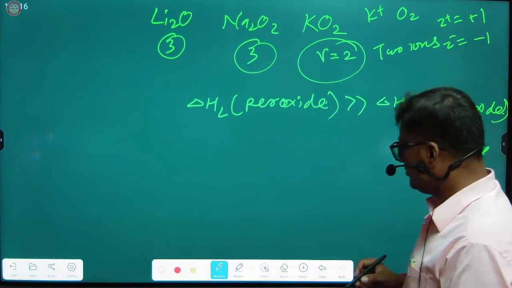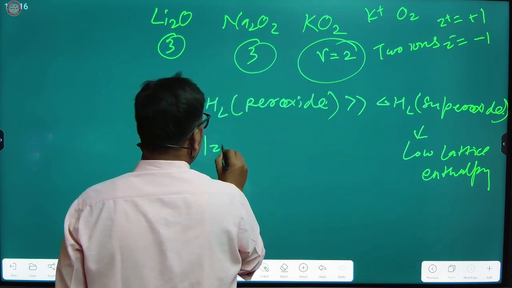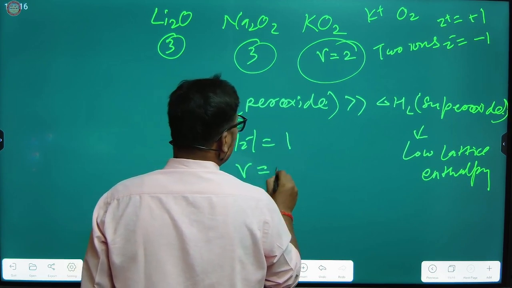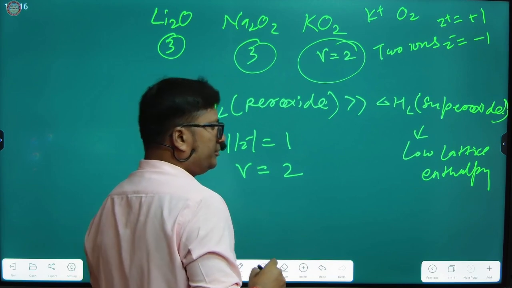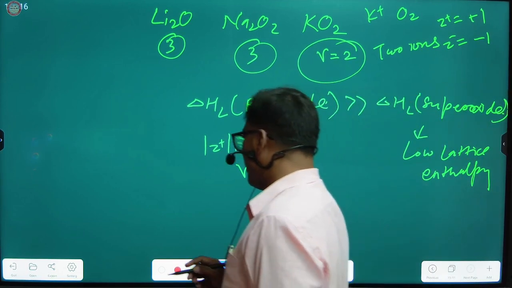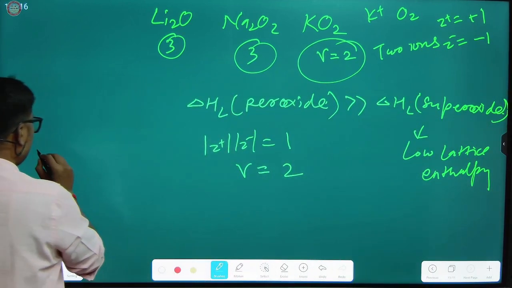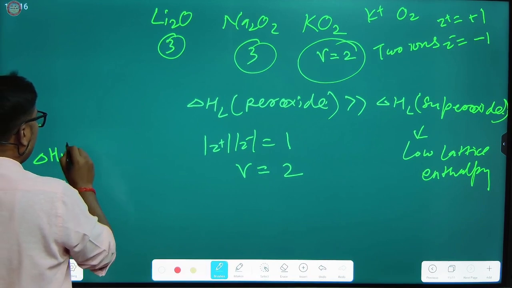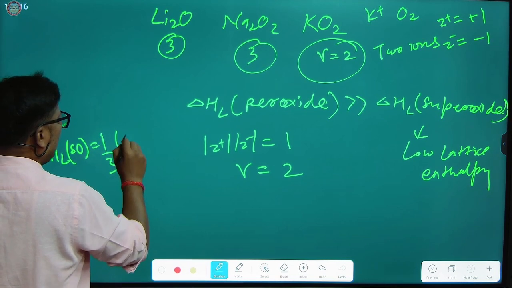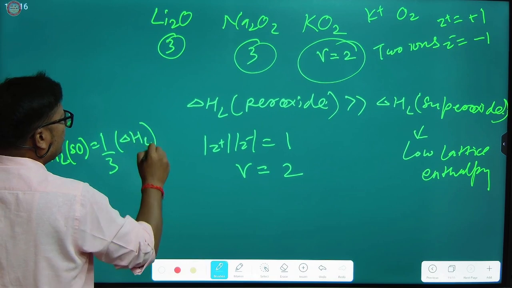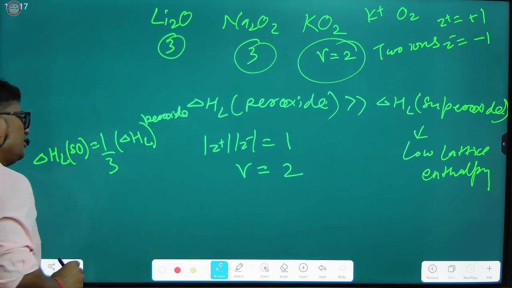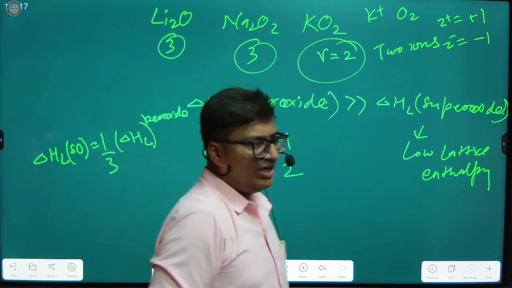So the product of charges, Z plus Z minus, is equal to 1 and nu is equal to 2. So the lattice enthalpy is 1 by third of the peroxides. So delta HL of superoxides is equal to 1 by third of the lattice enthalpy of peroxide, right?